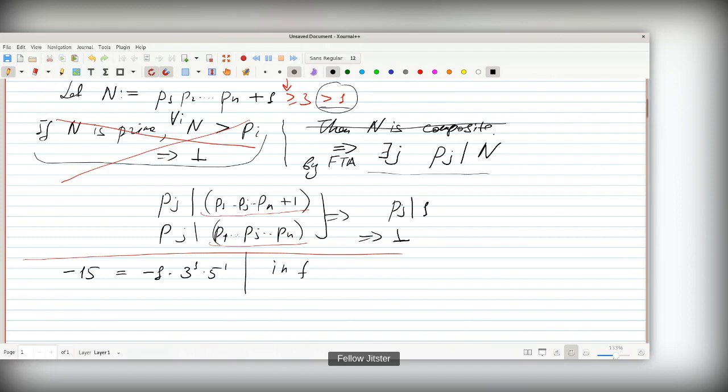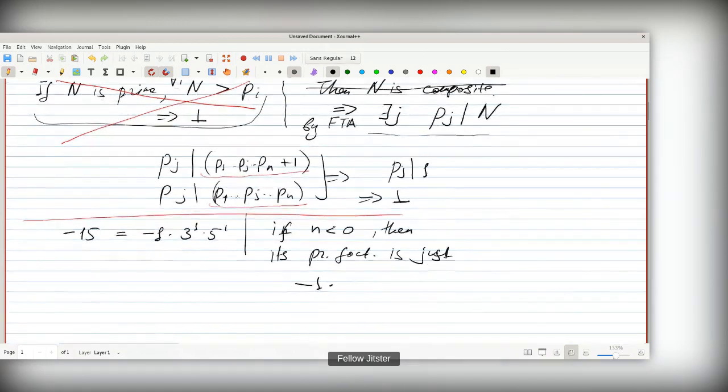If n is negative, then its prime factorization is just minus 1 multiplied by a factorization of its absolute value.